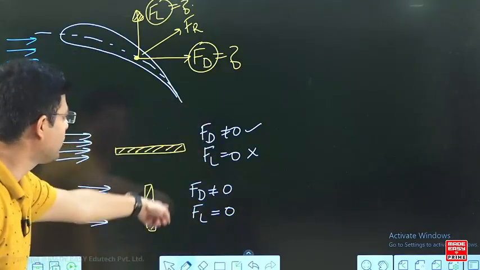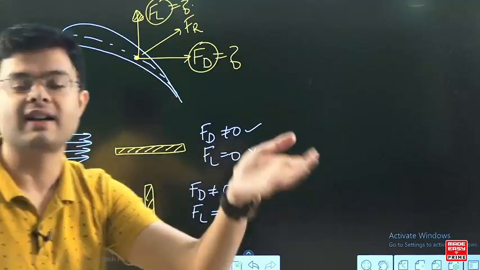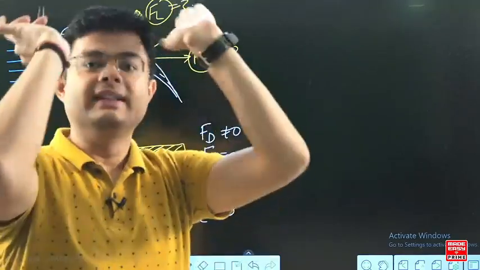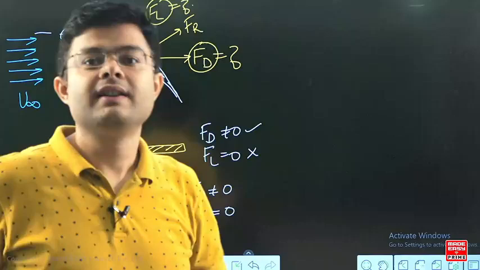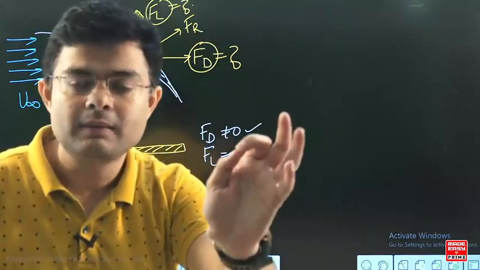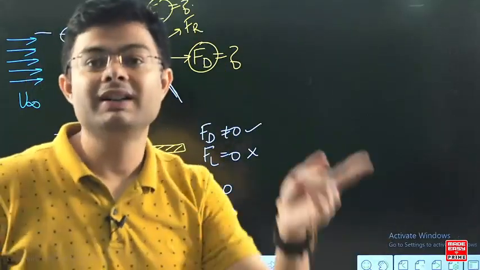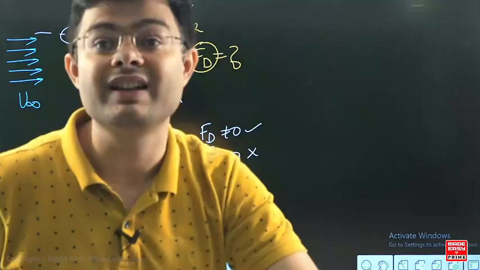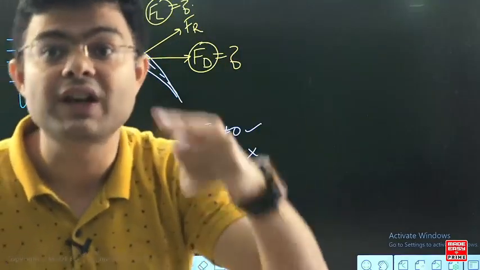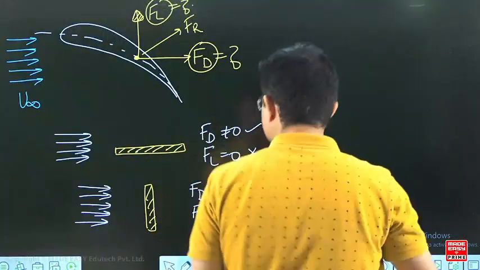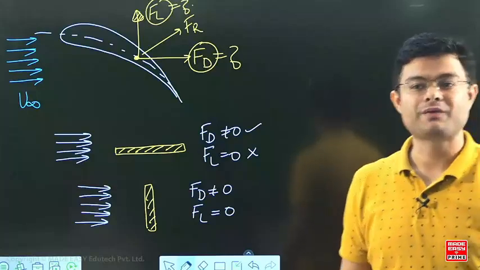So beautifully on the board, with the help of two examples I have shown you, there can be a case where there is drag but no lift. But there can never be a case where there is a lift without drag. Because, see, one more objective question.